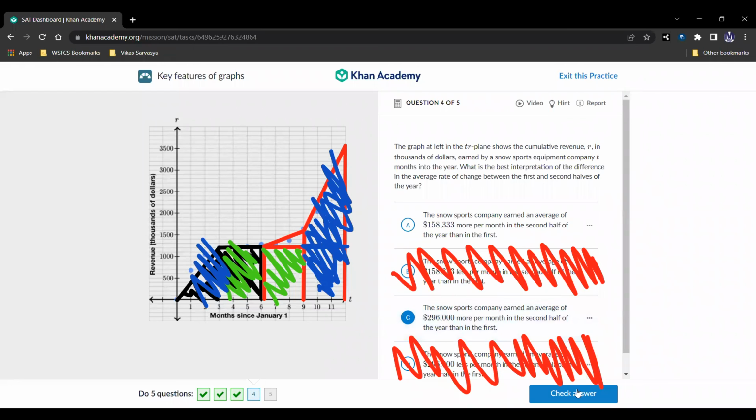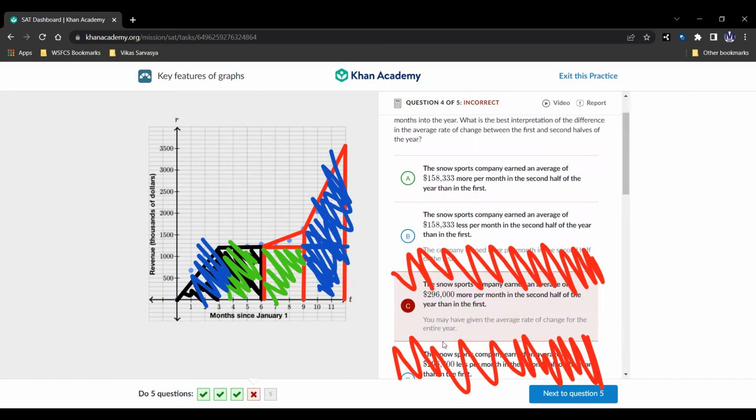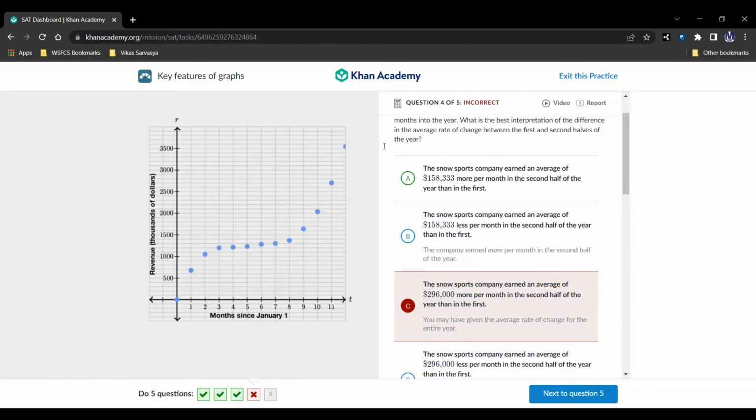This question did seem extremely difficult, and that's why we need to make sure that we check all of these answers. And we can see how we can do this. You can see in this here, this is the average rate of change of the entire year. This isn't just finding the rate of change for the halves. This is essentially this line right here, from the beginning down to here.